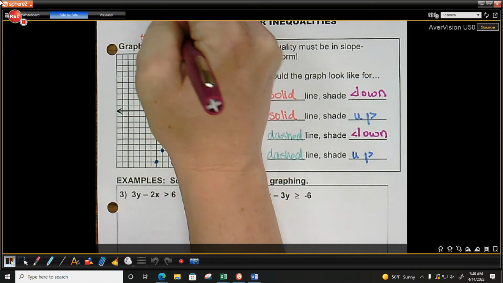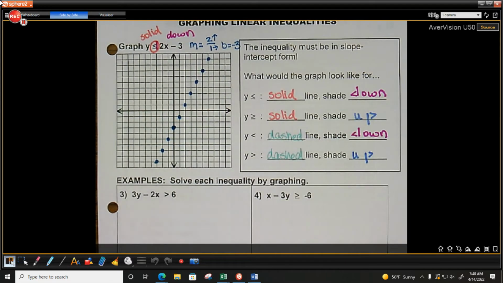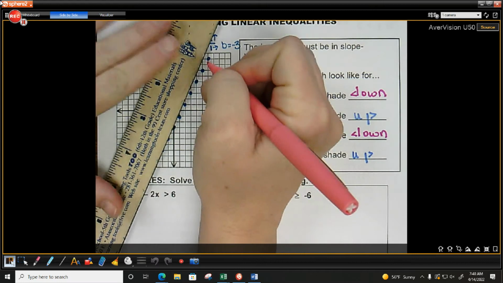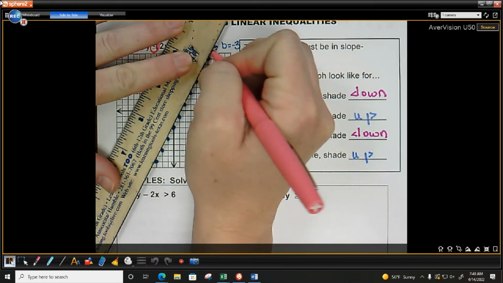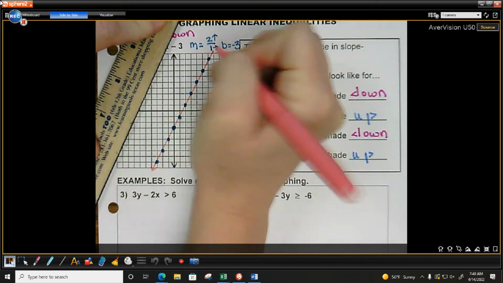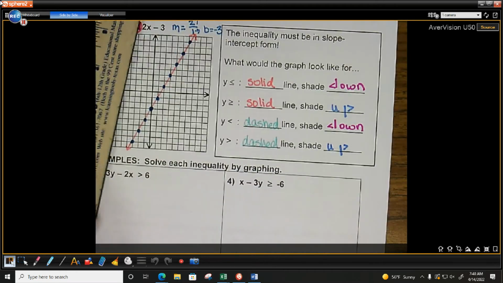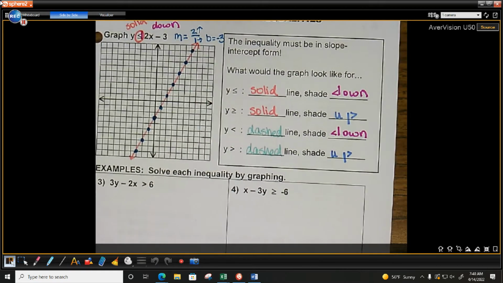So this is going to be a solid line. What a solid line looks like is all of our lines that we've been drawing. All of our lines for our linear functions have been solid lines. What goes at the end of my lines? Arrows. So a solid line, and I am shading down.